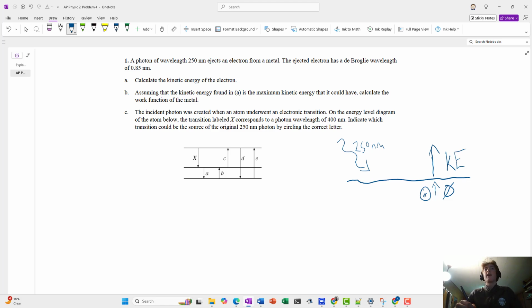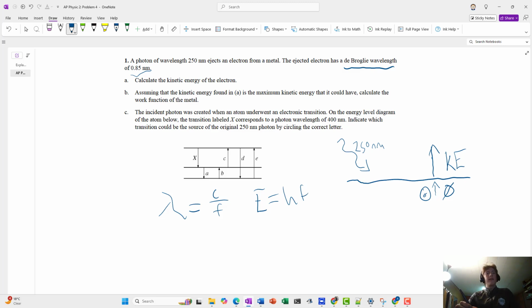So the first part asks us to calculate the kinetic energy of the electron. The first thing I thought was, could I use the formula lambda is equal to c over f? I could basically just convert our de Broglie wavelength here to our frequency and then just plug that into E equals hf.